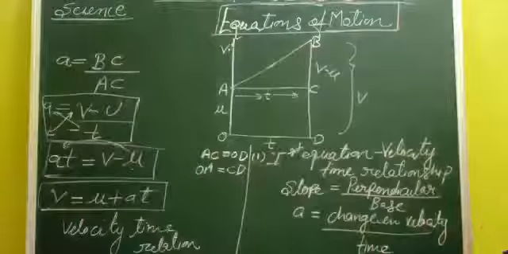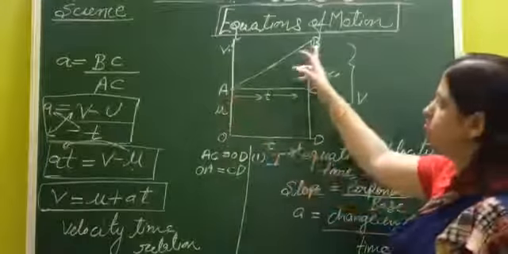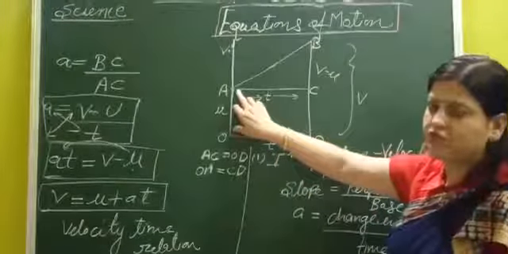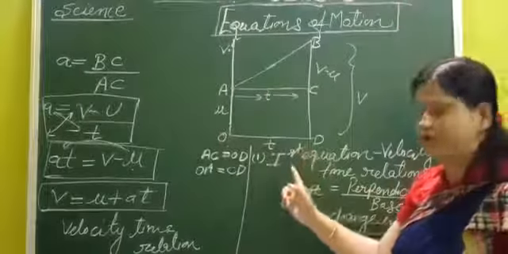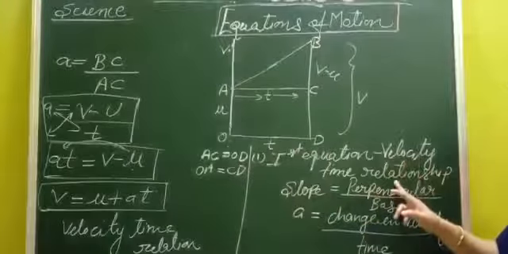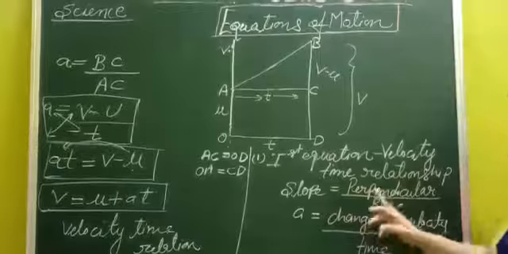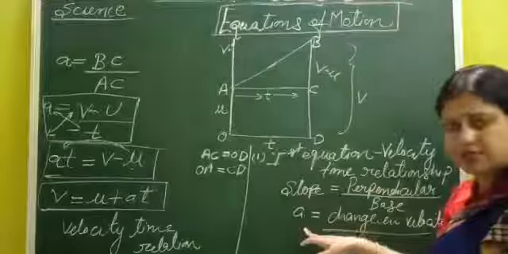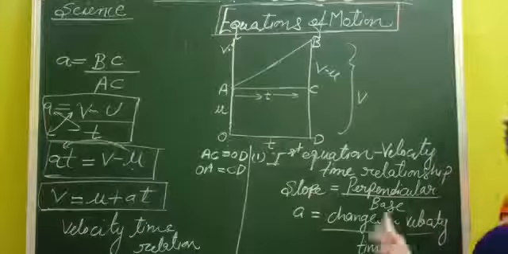Again I repeat. The object is starting from A and reaches B. Here this is the initial velocity, this is the final velocity, and we have to find the first equation. So the first equation is the velocity time relationship. Slope is perpendicular upon base. Slope shows the acceleration. Acceleration is change in velocity per unit time, right?